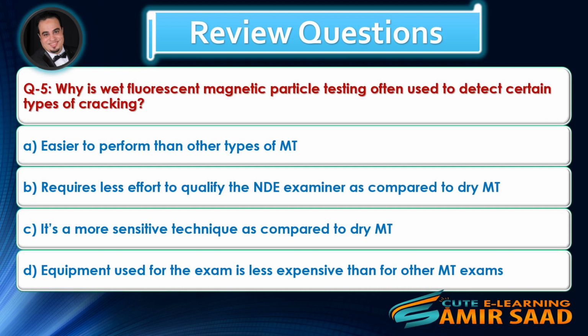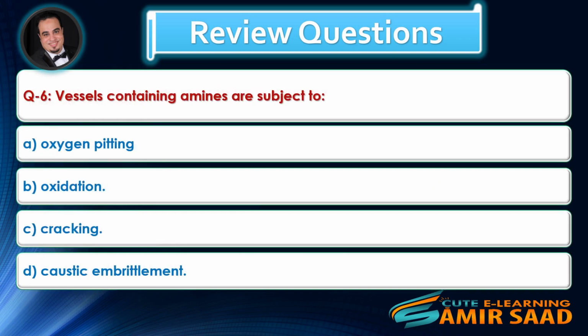Question number 5. Why is wet fluorescent magnetic particle testing often used to detect certain types of cracking? Answer is C. Question number 6.